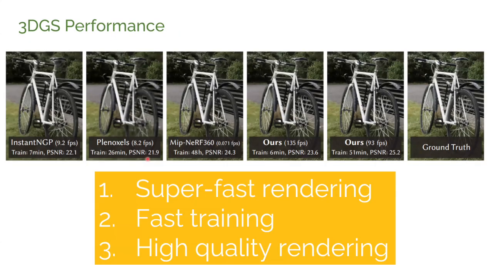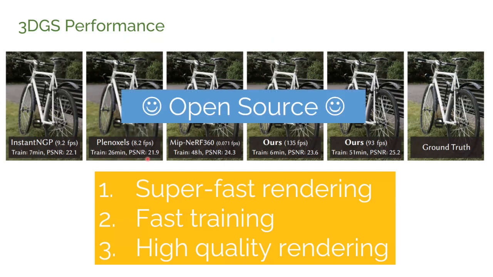So this is the performance. First, it's super fast rendering, and also very fast training. The original version would take around an hour to train a large scene, but nowadays, if you look at the recent works, under 10 minutes, or sometimes under 5 minutes, is enough to train the model, and also with really high quality rendering. And in my opinion, most importantly, this is open source.